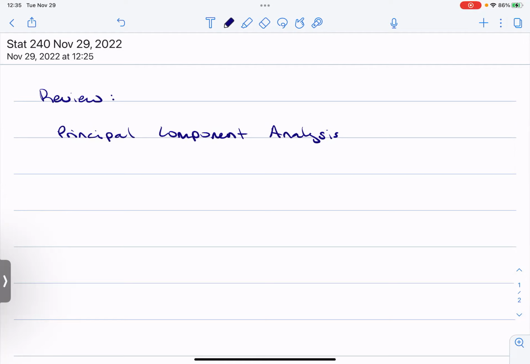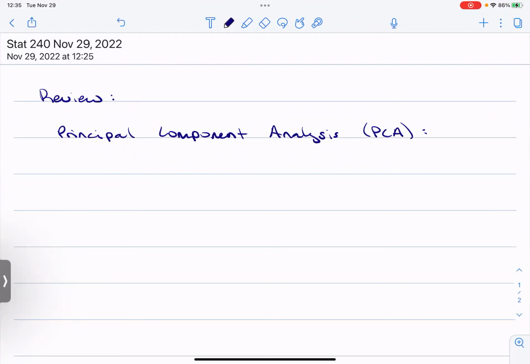Now we're ready. So we talked about principal component analysis, PCA, which we usually use for dimension reduction.